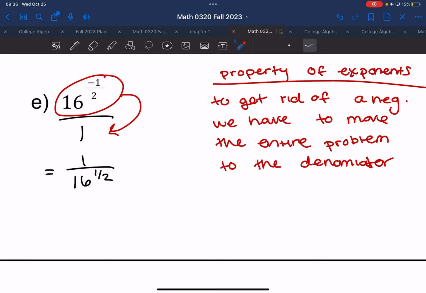So now that we no longer have a negative exponent, how can we rewrite this as a radical? 1 over the square root of 16. Good. And if we were to simplify that, we would get what answer? 1 over 4. So our answer is 1/4.